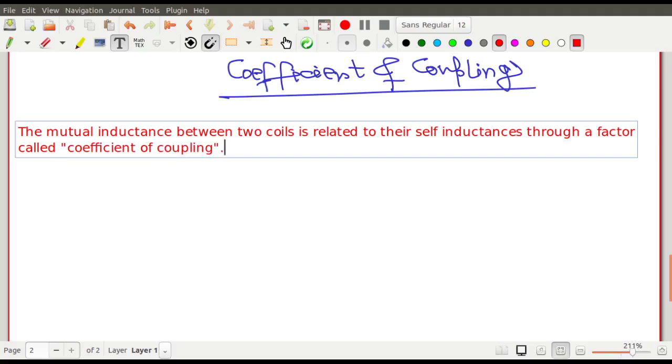Right? Mutual inductance between two coils is related to their self-inductance through a factor called the coefficient of coupling. So coefficient of coupling establishes the relation between M and L1, L2.